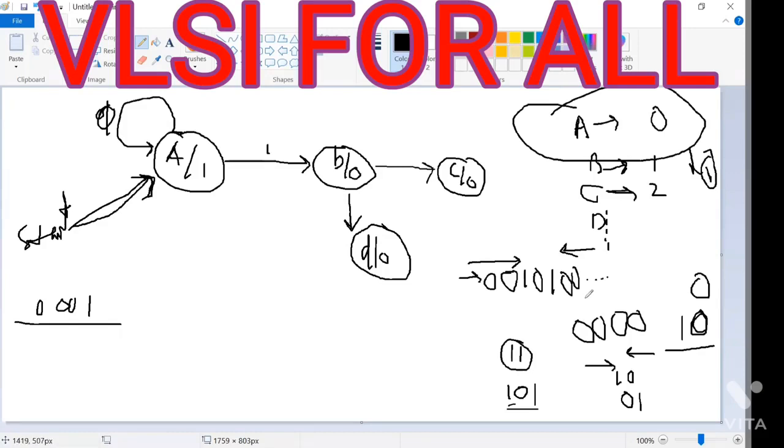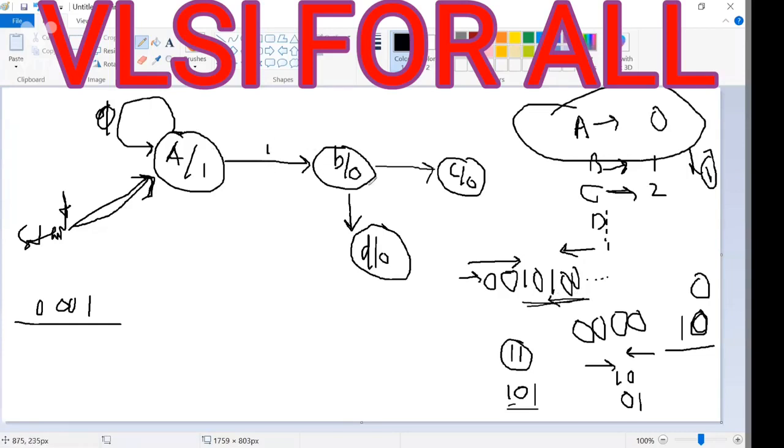Since the bits are coming serially, we cannot process all the bits at a time. We have to process 1 bit, then again the next bit, and again the next. So in order to process the information correctly, you have to store information of all the other n-1 bits. That's why this is a state diagram problem.